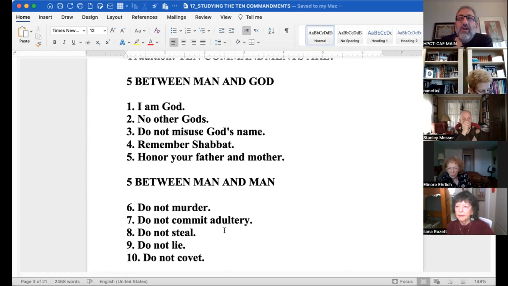Do not misuse God's name means do not justify your evil actions by the name of God, saying that they're God's. Do not, for example, do things in the name of God that will embarrass and defame God in the world. And I would put in that category, for example, the 9/11 terror attacks. They were done in the name of God.